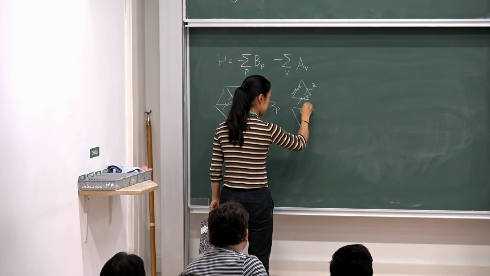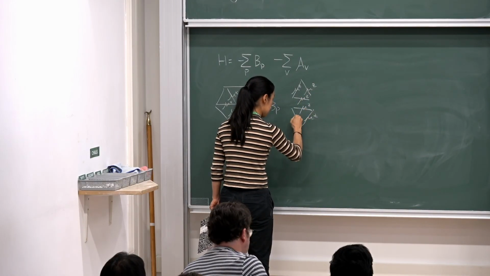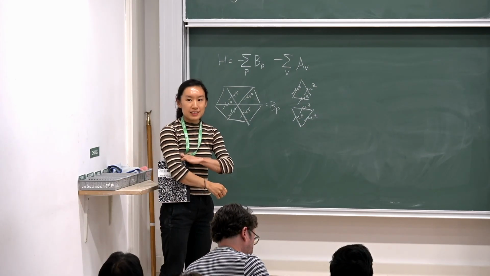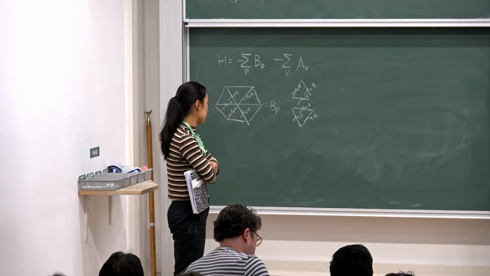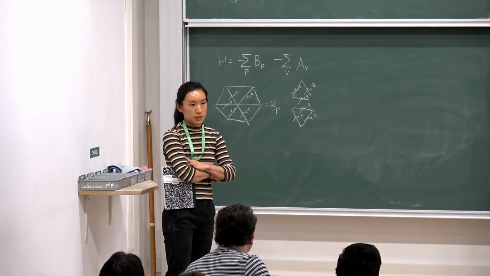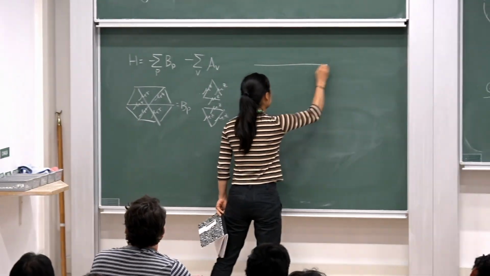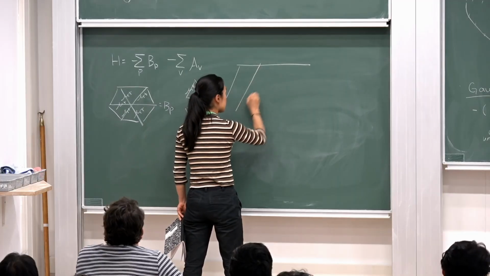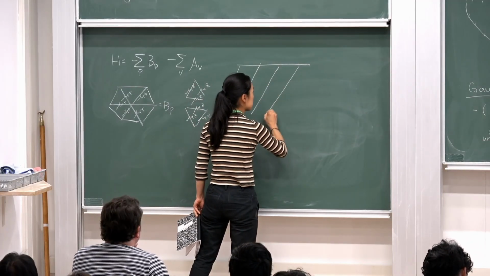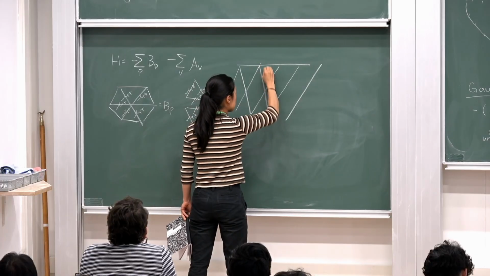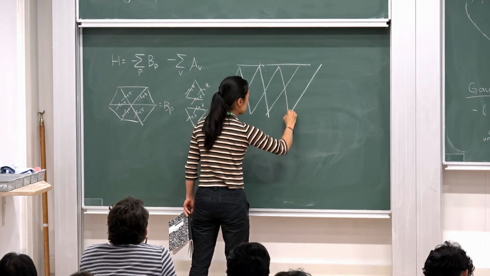Okay, and now we can immediately read off the anyons, or the spontaneously broken one-form symmetries. You can see that in this lattice, there are Z2 times Z2 spontaneously broken one-form symmetries, which correspond to the anyons of the toric code.